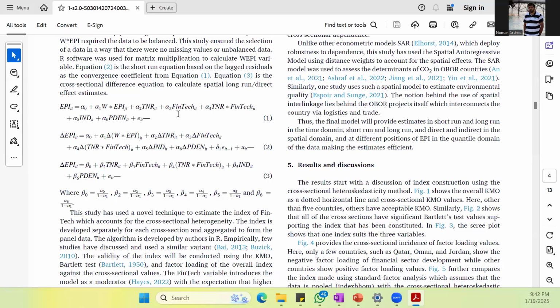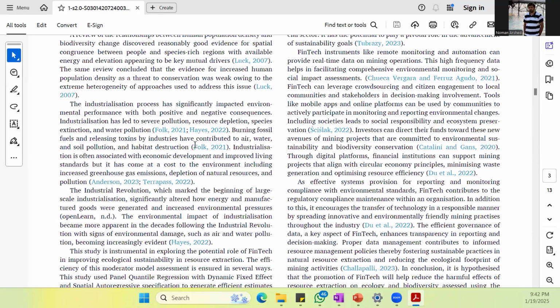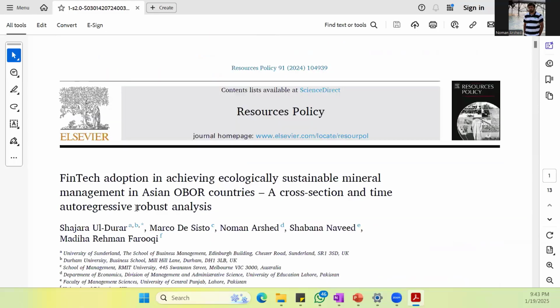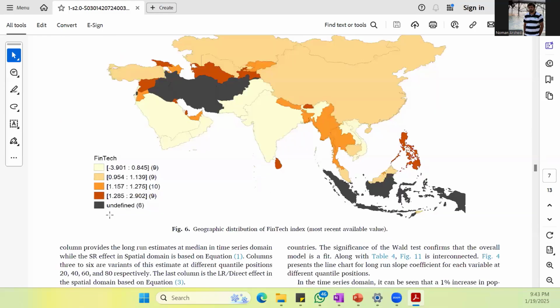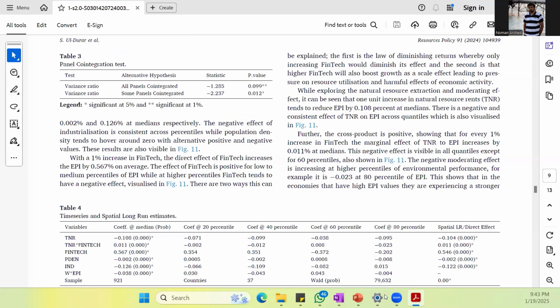Firstly, a new way to find an index, a moderator, a transformation, and this transformation was never applied in the ARDL framework. And then it's also a quantile regression, so I used a robust regression. That's why it was able to be published, because I applied multiple strategies to handle the problem.